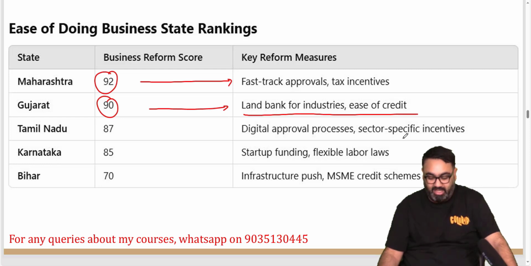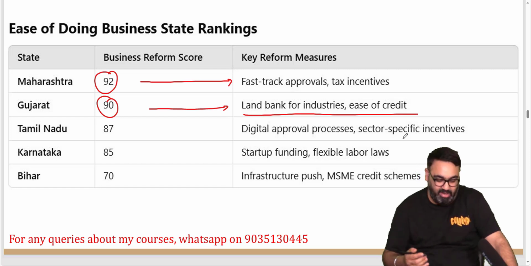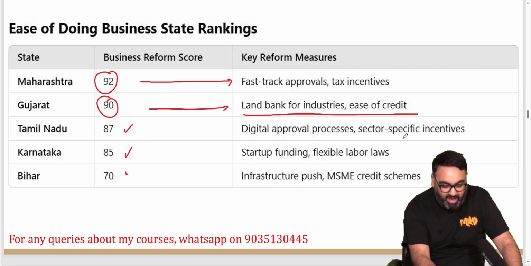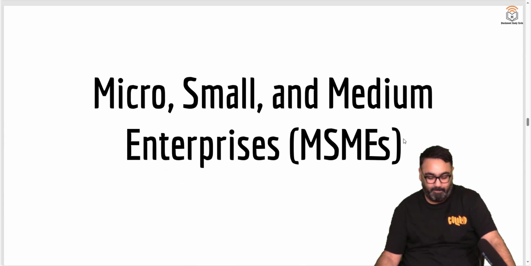So the Gujarat government is openly giving out lands to the manufacturers, which is a very difficult process usually. Acquisition of land has always been a big stumbling block before any company can start manufacturing in India. Tamil Nadu, Karnataka, Bihar, these are the ones that have been pointed out as good performers when it comes to ease of doing business amongst the states in India.